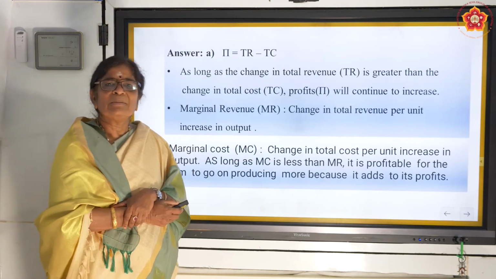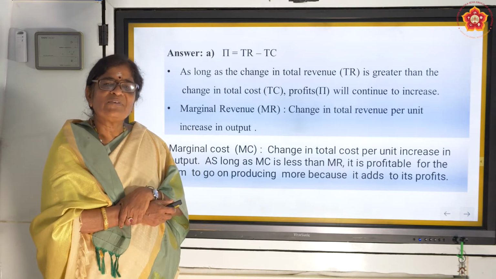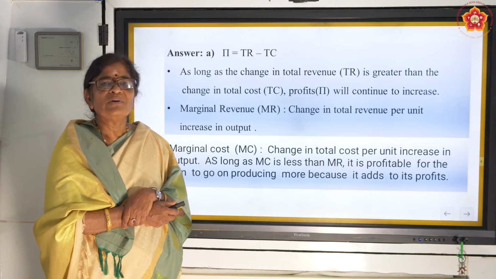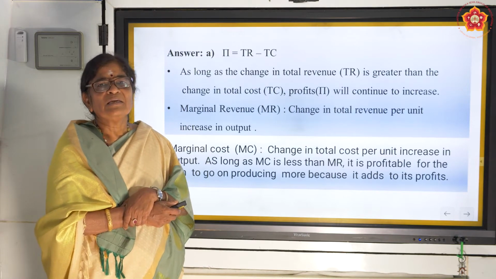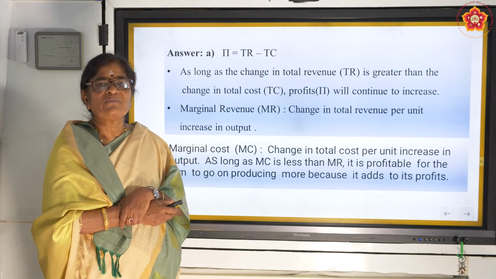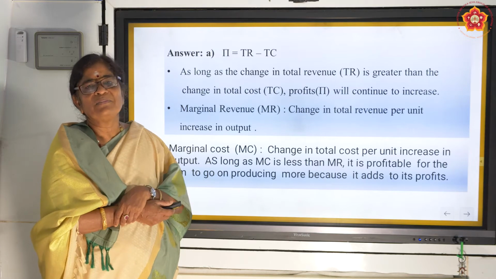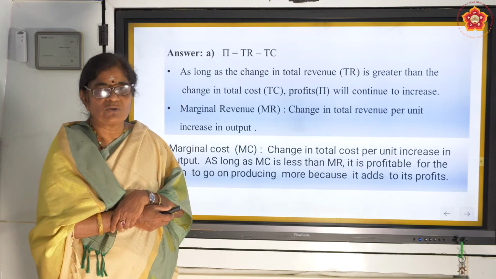Why must P be equal to MC at the profit maximizing level of output? We have already discussed that profit will be added to the firm when the total revenue is greater than total cost.